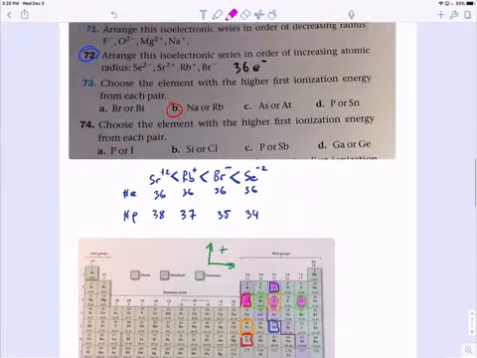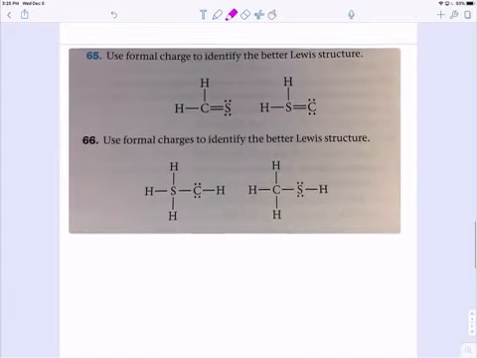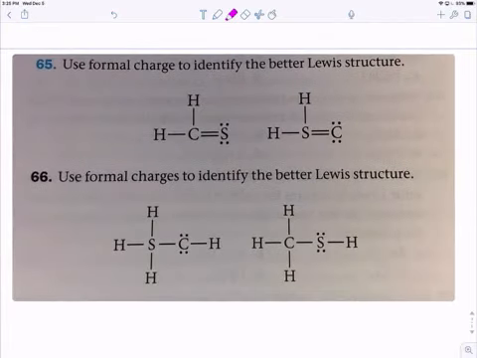Another question here. Okay. So formal charge. The way formal charge works is you get half of the bonding electrons and all the lone pairs and compare it to the original. So carbon originally has 4 and sulfur originally has 6.